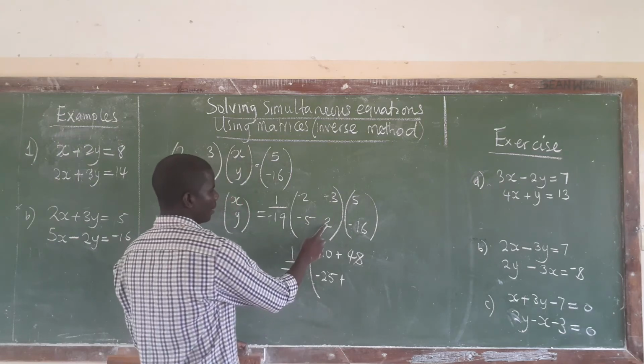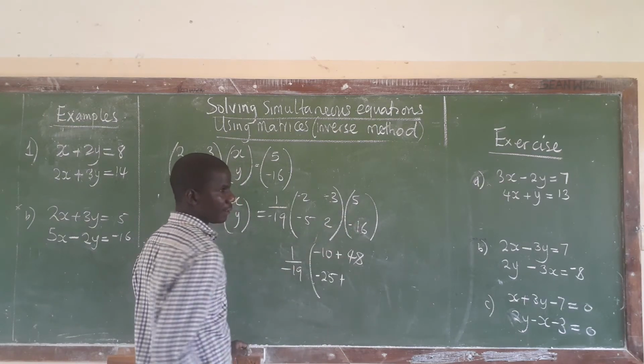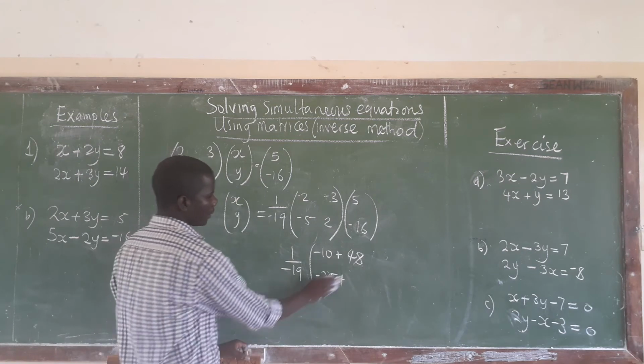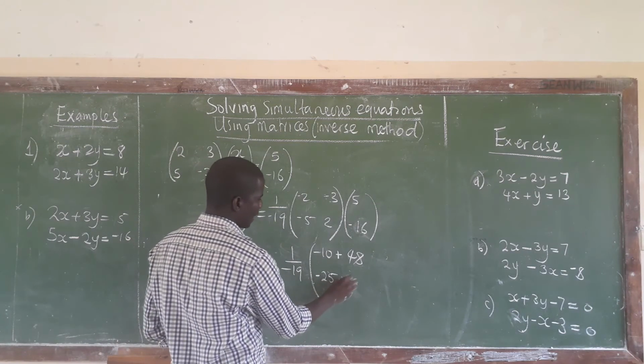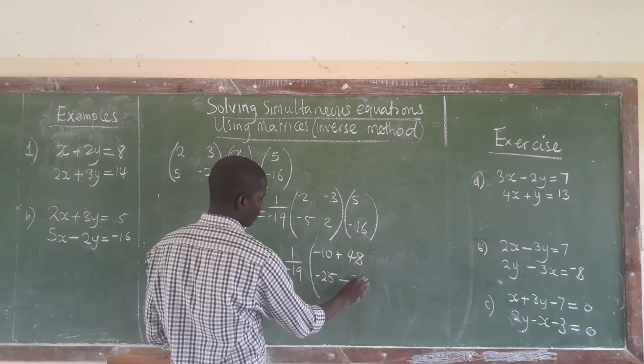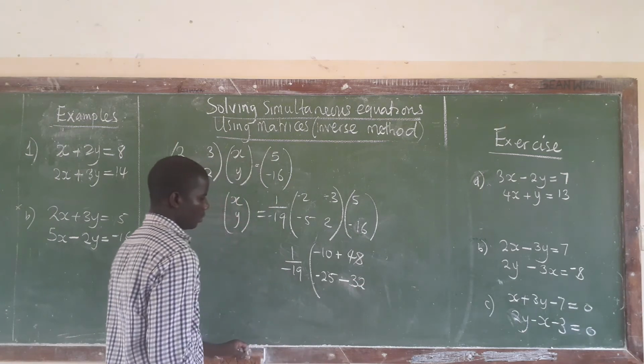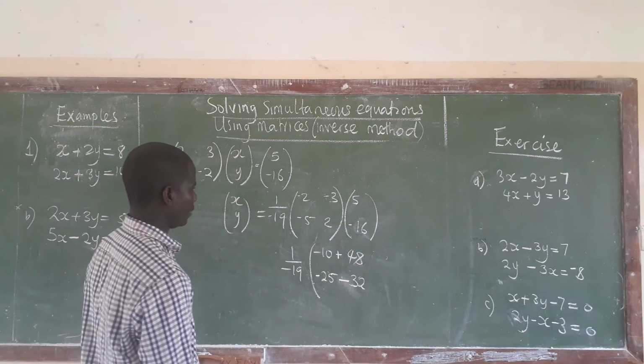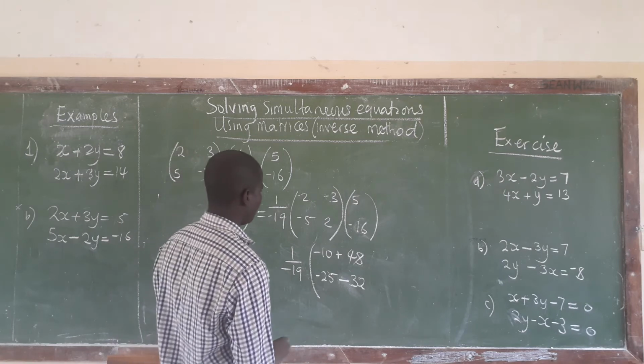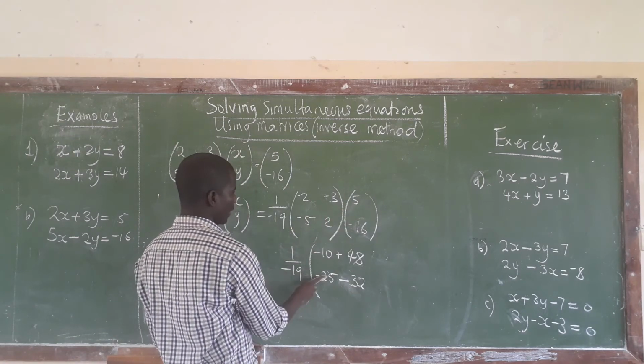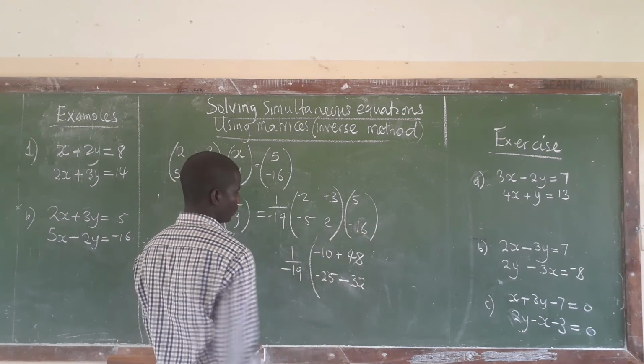Plus 2 multiplied by 16, this is going to be minus 32. This multiplied by that, we get this one. And this one also gets this one.